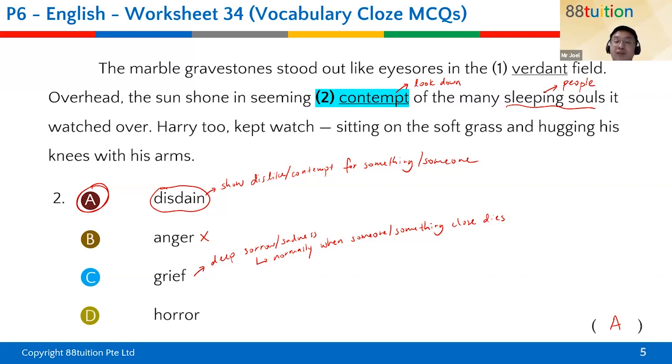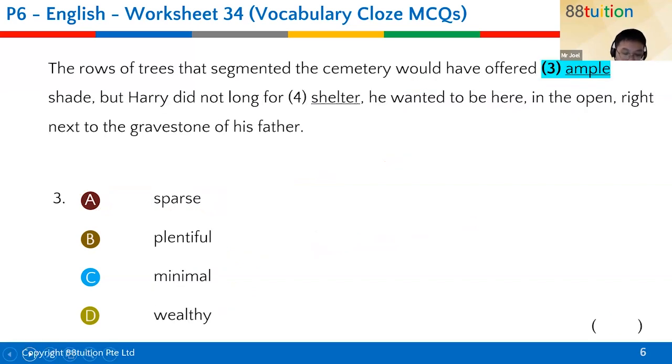You show disdain for someone. And then ultimately, horror means fear, right? Seeming horror, seeming fear. Normally, when you say something is in horror, it's actually a deep fear. So that's why A is the best answer here.